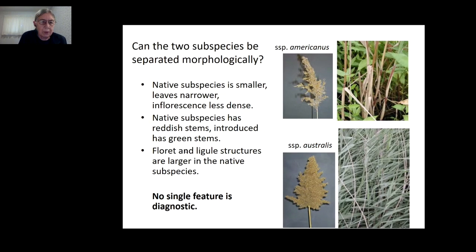And the details of the flowers, the floret structures, the bracts associated with the flowers are larger in the native species, but smaller in the introduced one, although the non-native has a lot more flowers in a flower head. And the ligule, which is a little paper-like structure where the leaf sheath and the leaf blade meet, is different as well. But no one of these really separates the two subspecies. There's a bit of overlap, even though there are average size differences.